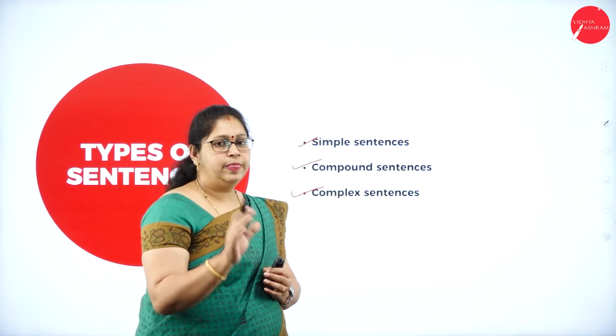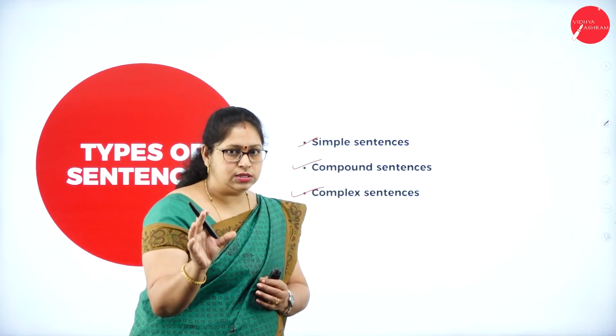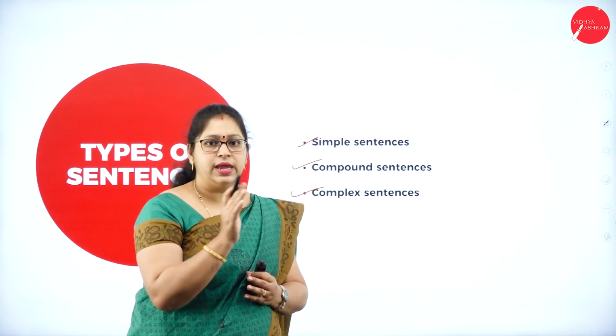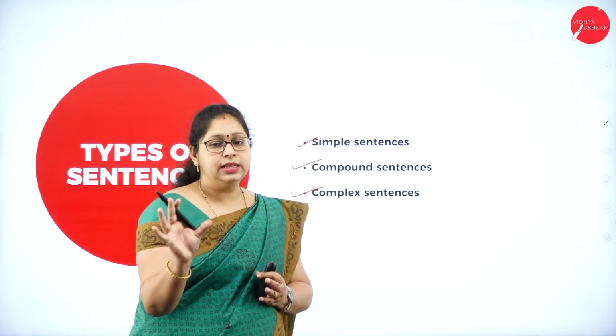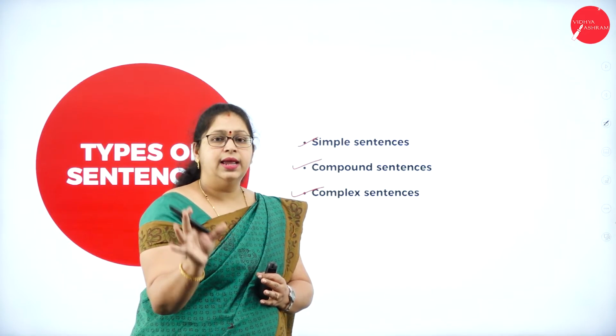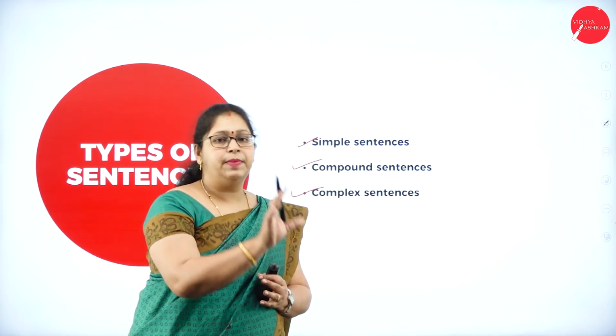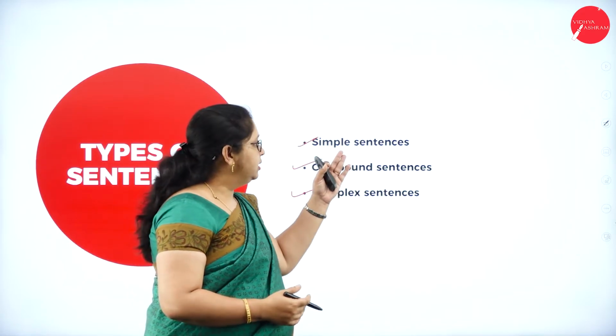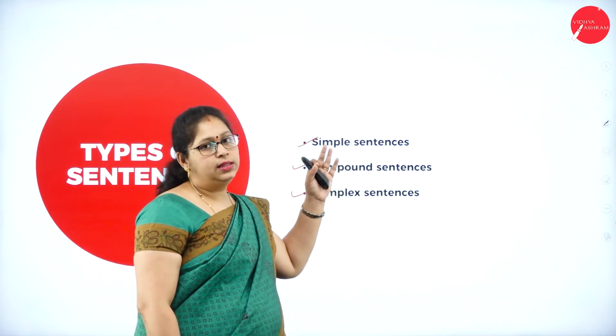That is known as complex sentence. Let me repeat. You must be knowing clauses. Even clauses are group of words. There are two types of clauses: main clause and subordinate clause. Main clause will have complete meaning in that, and the subordinate clause will be depending on main clause to give complete meaning. Okay. So in a simple sentence, there will be one main clause.